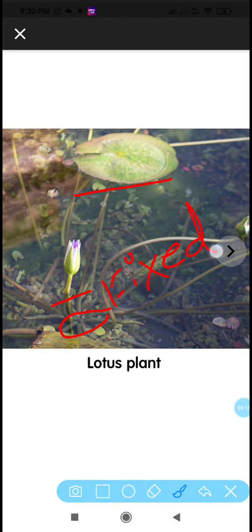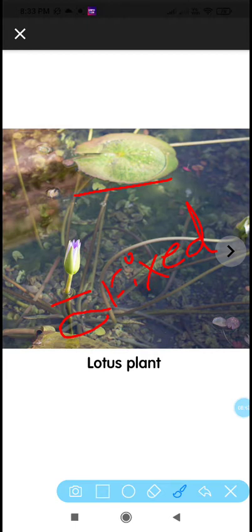That's why they are not visible for us when we look from a little far distance. We couldn't find their roots because they are fixed in the soil. So such plants are known as fixed plants, whose roots are fixed in the soil and only the flower and leafy parts are visible outside.